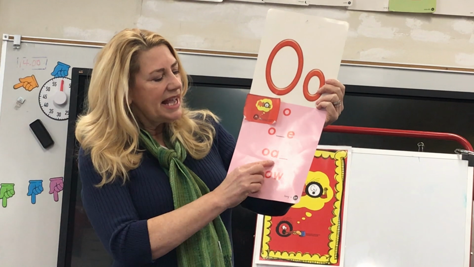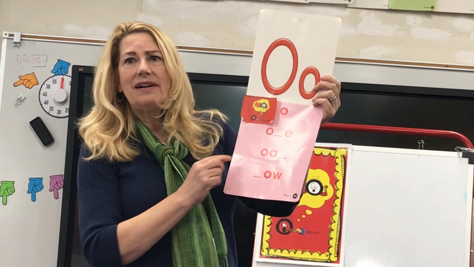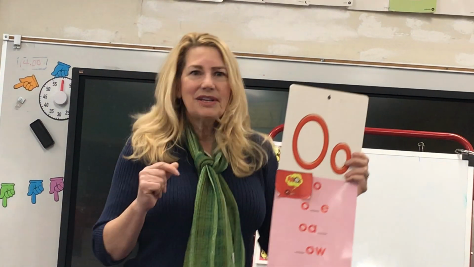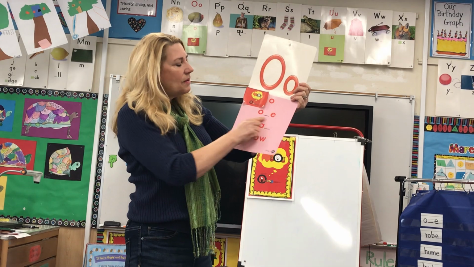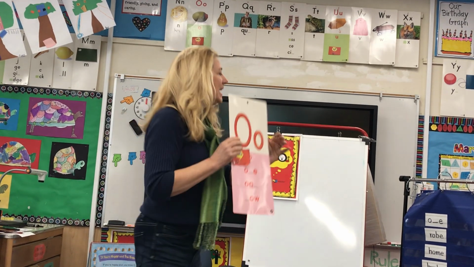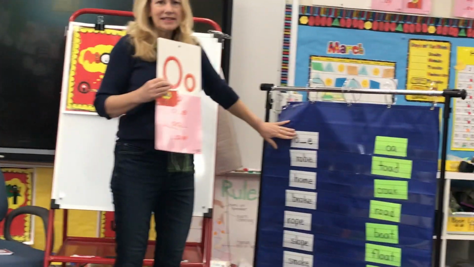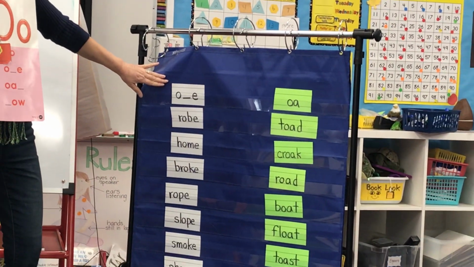And now we're looking at the partner vowels. When two vowels go walking, the first one does the talking. Oh! So we're going to actually be looking at both these spellings this week and comparing them.